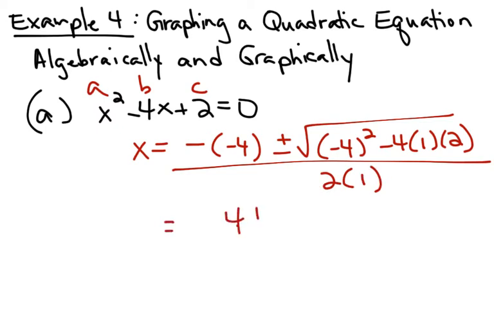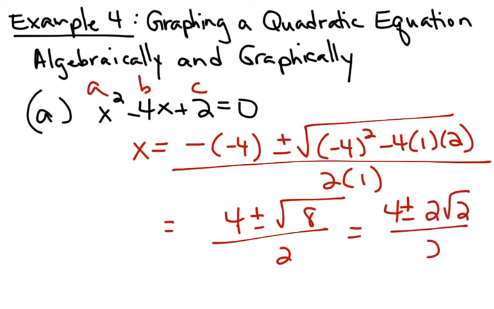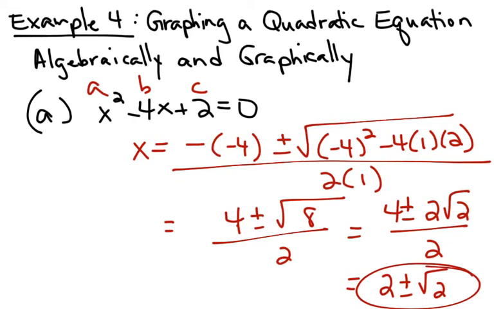So you would get 4 plus or minus the square root of 16 minus 8, which is 8, over 2. The square root of 8 reduces to 2 square root of 2. And then this reduces again to 2 plus or minus the square root of 2. So there are 2 irrational numbers. One of them is 2 plus the square root of 2. The other one is 2 minus the square root of 2.